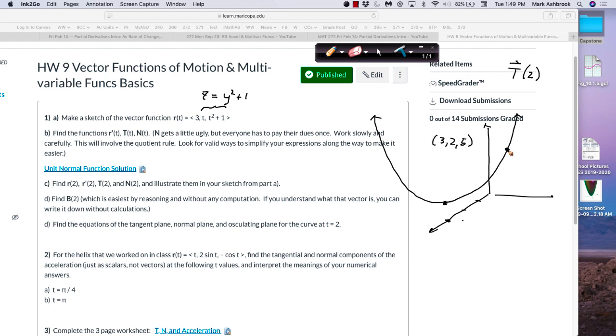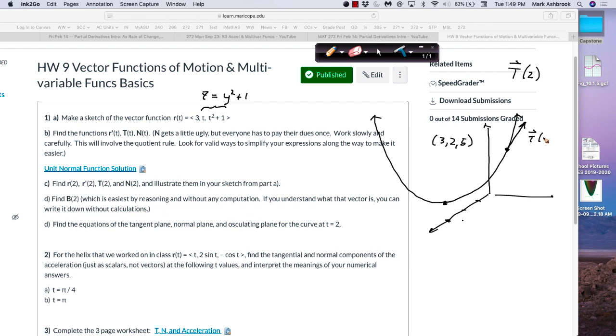Use a clock to tell me which way the hand should point, like noon, 3, 6, 9. Yeah, like 1 o'clock. Something like that. So that would be T of 2.